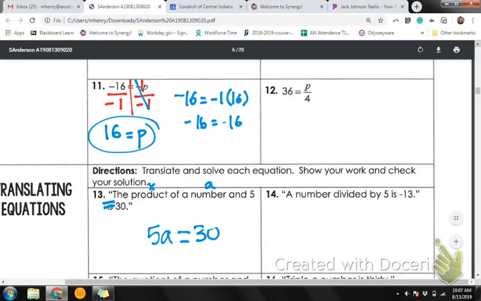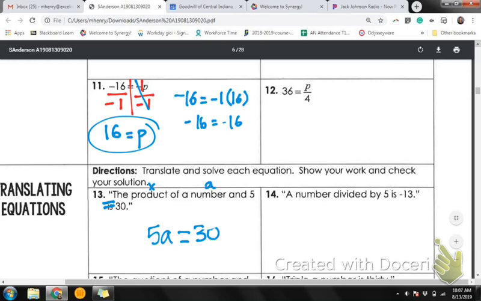Okay, try 14, please. A number divided by 5.